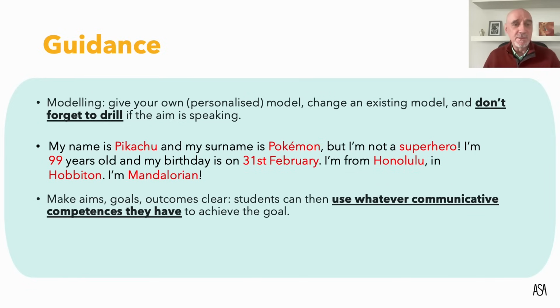Another important thing in terms of guidance is to make sure that the aims and the goals and the outcome of the activity are clear for them, that they know how long they have to do this, that they know what they need to produce by the end, if there's a communicative objective at the end, for example, to make a decision on what restaurant to go to, then they know that all of these are clear for them, and that they know what they're working towards.